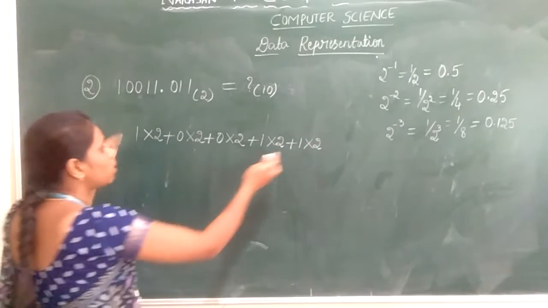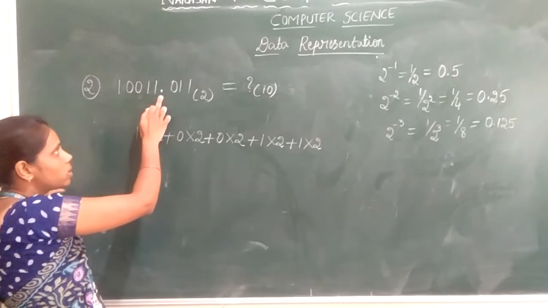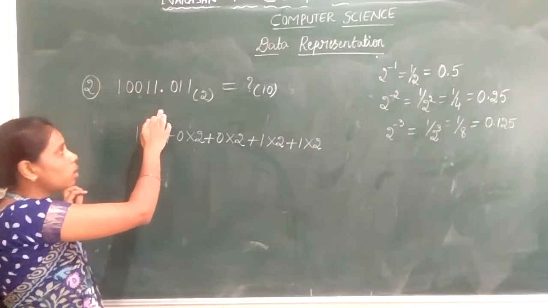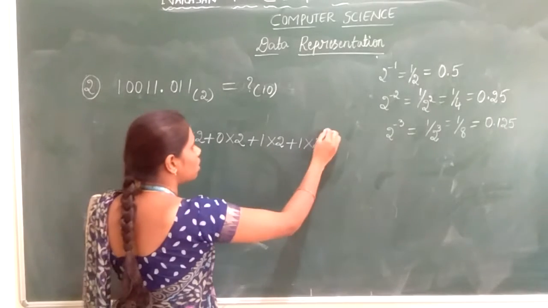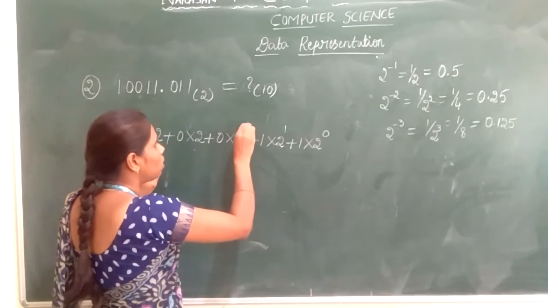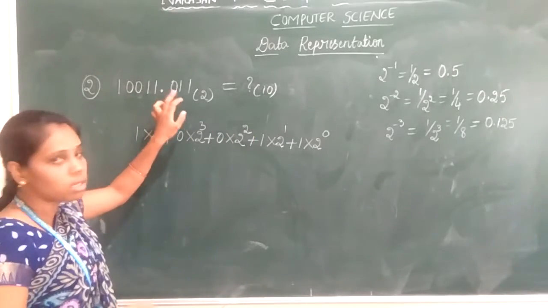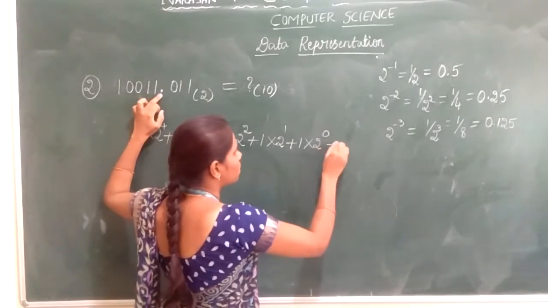Now first I will write the positional values for this integer part. Always the positional values will be positive for the digits before the decimal point. Now I will write first 0, 1, 2, 3, 4. Now again this fractional part also can be added using the plus symbol.